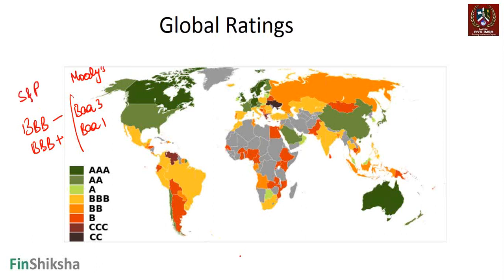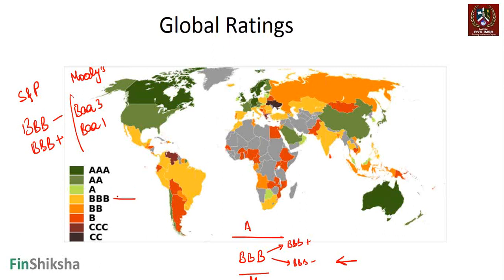What's the difference? There are certain parameters that put you in triple B. If you're improving, you go to A. If you're not improving, you go to double B, right? Now within this, there could be a company or a country doing slightly better. You put that here as triple B plus. You put that here as triple B minus. We are here, just above the double B rating, and we can fall there.